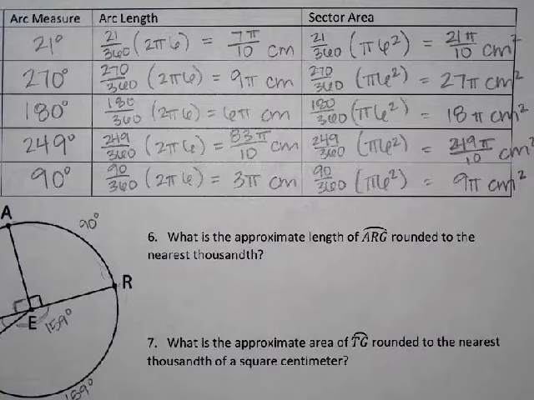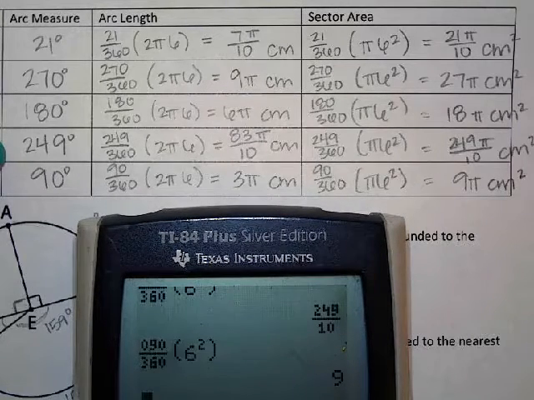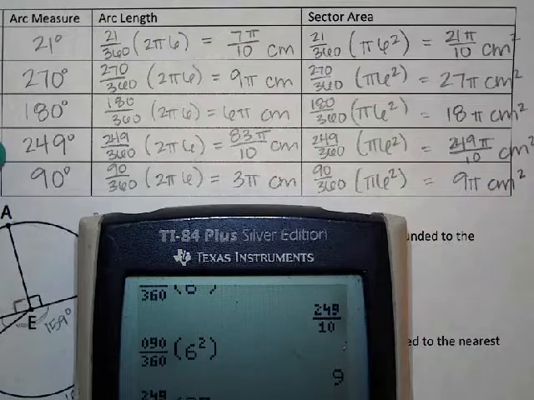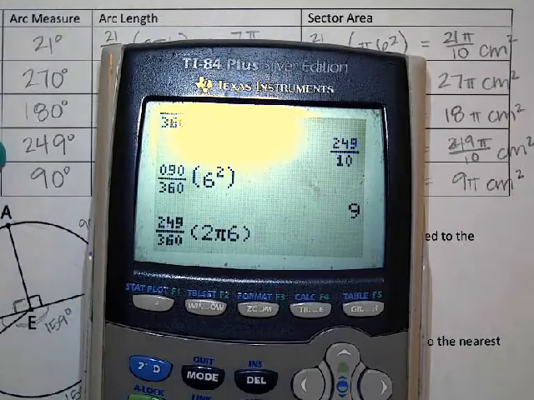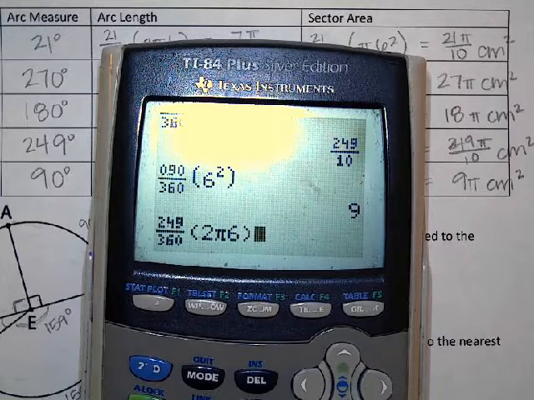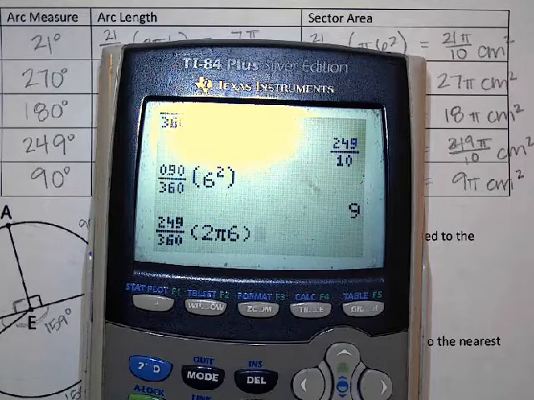So we're going to do 249 over 360, and we're actually going to type in 2 pi times 6. If the pi is not written on your paper, then it gets written in your calculator. It's either one or the other. So 26.075 is what you should get.